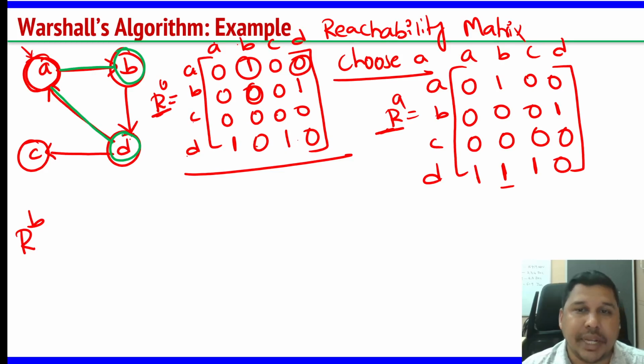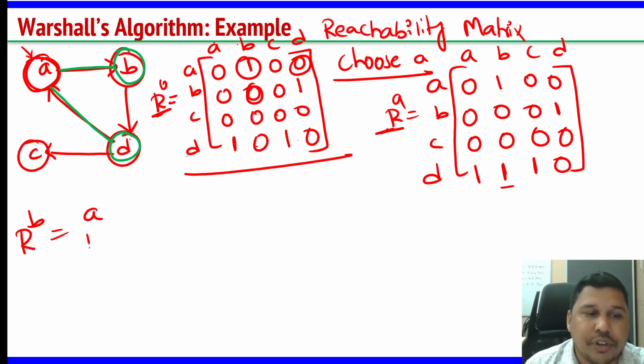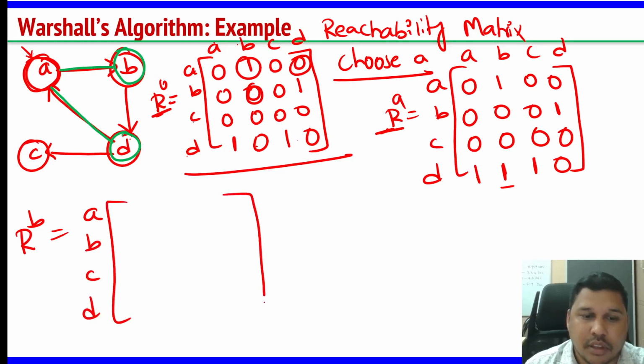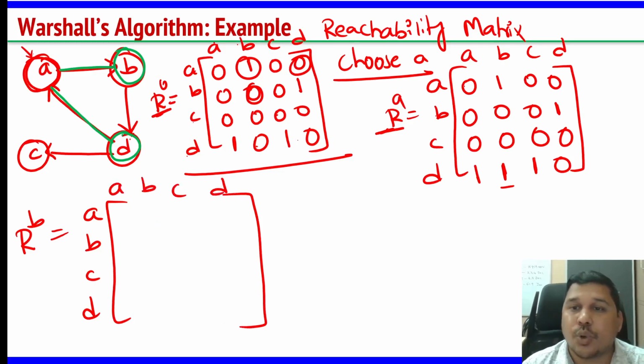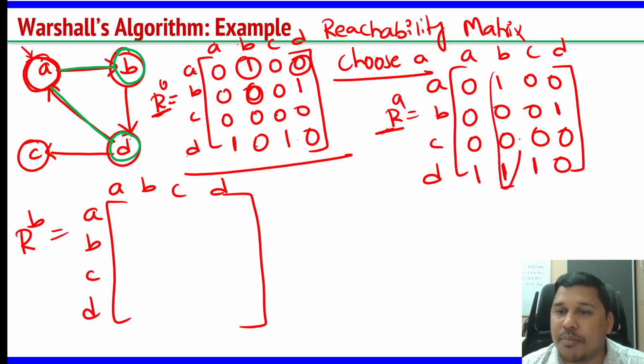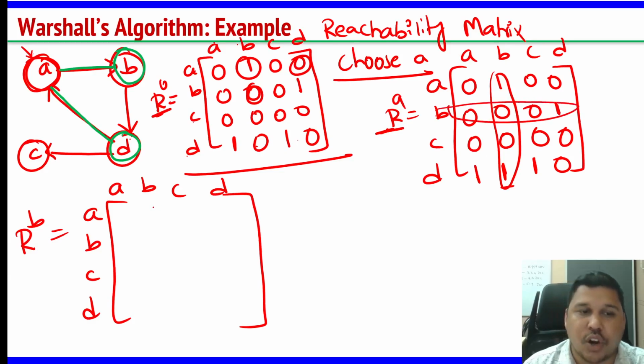Next, choose B. When you choose B, you always have to refer to this RA matrix, not R0. So I have to fill this matrix RB. A, B, C, D. Since we are choosing B, we have to freeze this row and this column. We cannot change that.